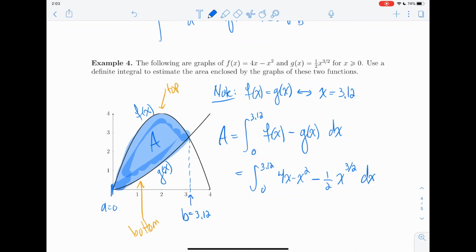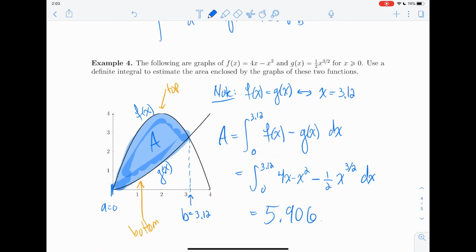And again, at the current stage of the game, this is an okay answer. Once we learn more material in Chapter 6, we'll learn how to evaluate this integral, and you'll eventually be able to verify that this is equal to 5.906.